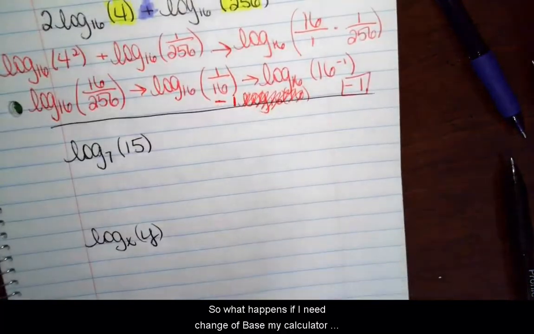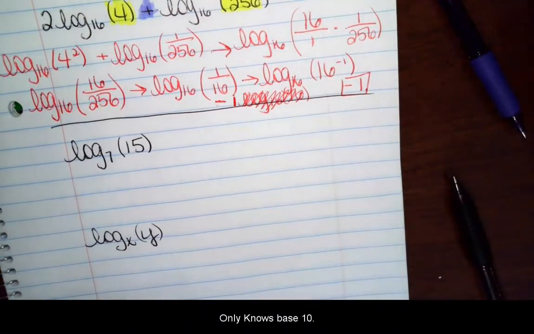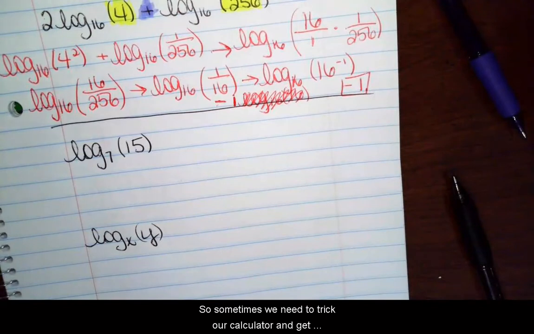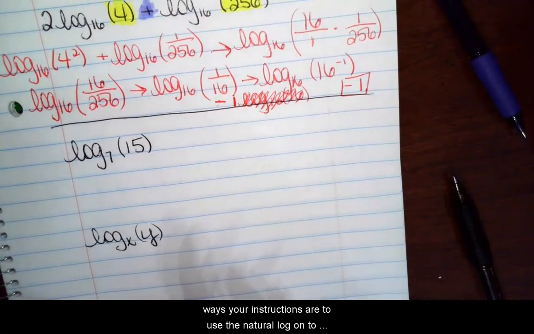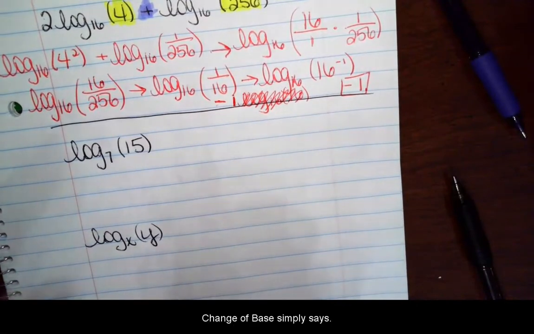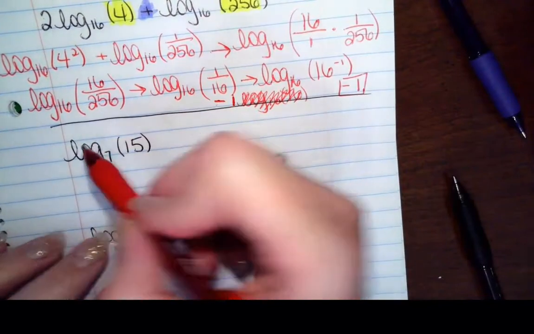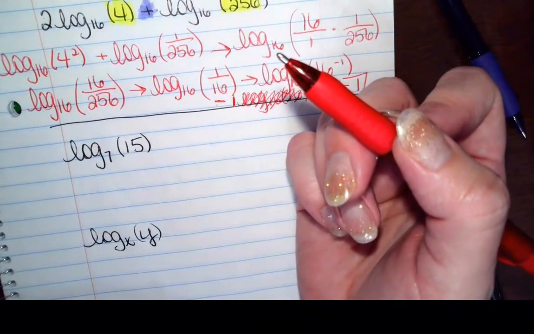So what happens if I need change of base? My calculator only knows base 10 and base E. So sometimes we need to trick our calculator and get some decimal approximations. So I can do this one of two ways. Your instructions are to use the natural log. I'm going to show you both ways. So change of base simply says, let's change it to a base my calculator knows.